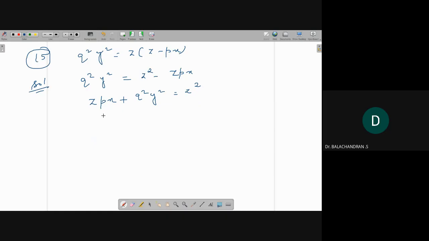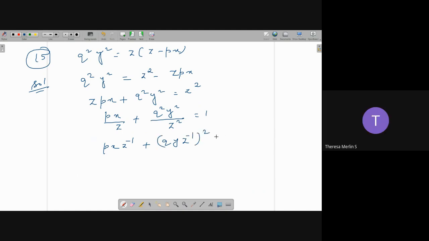Then you'll get px by z plus q square y square by z square equal to 1. Or this is px z power minus 1 plus q y z power minus 1 whole square is equal to 1. I call this equation number 1.